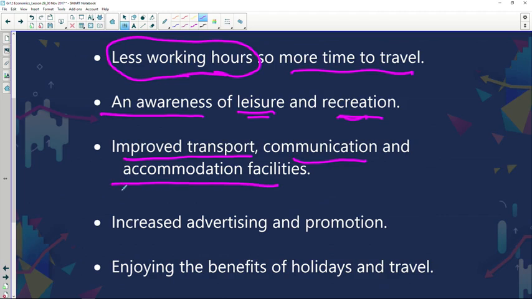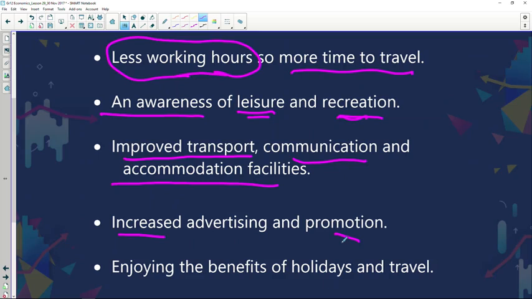You can stay on a self-catering accommodation. You can stay in a nice hotel, you can do a resort, you can do a B&B. So the accommodation facilities have improved over the past few years, but also the communication and the improved transport systems have played a very important role in the growth of this particular industry.